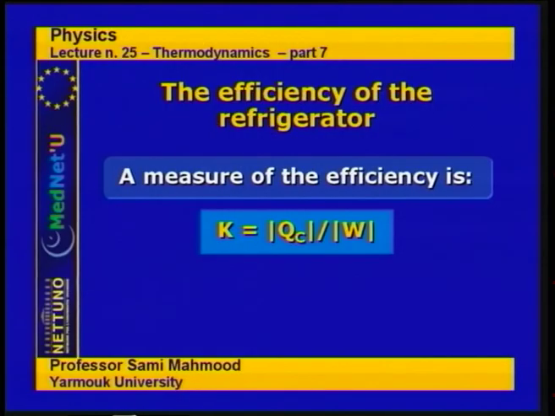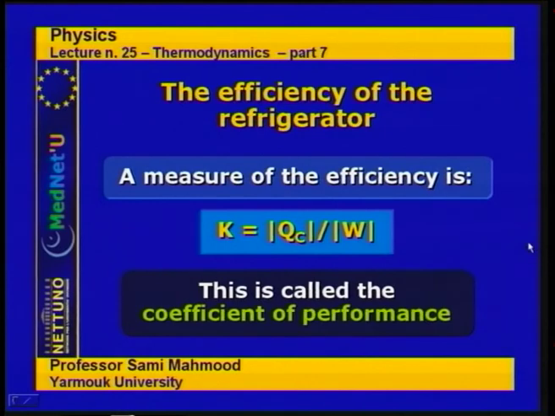And this measure of the efficiency is called the coefficient of performance, K, and this coefficient of performance, K, is defined in the usual manner as Q sub C divided by W.